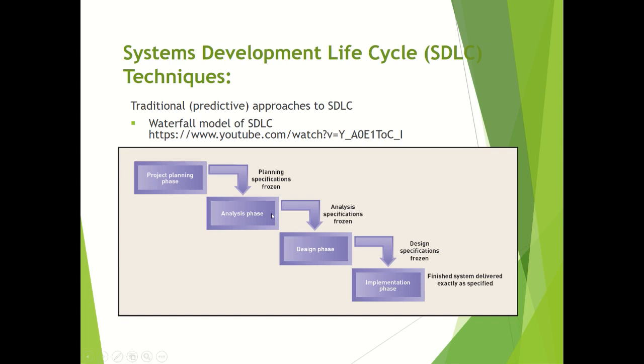Now we will talk a little bit more about the system development life cycle. There are different types of system development life cycle, but ultimately every model has to go through all these phases. First one is the project planning phase, then analysis phase, then design phase, then implementation phase. There are more phases associated with it.